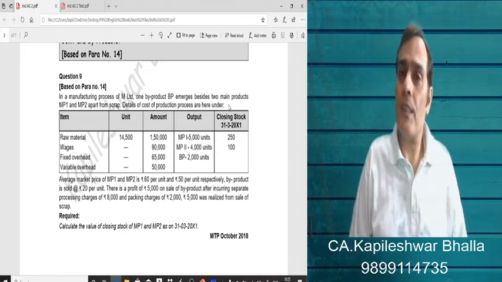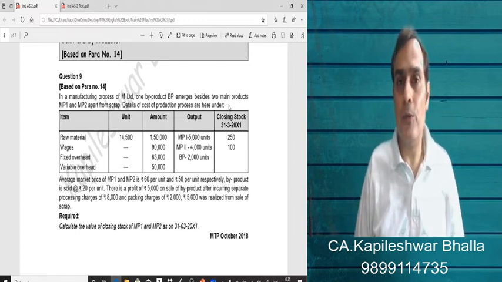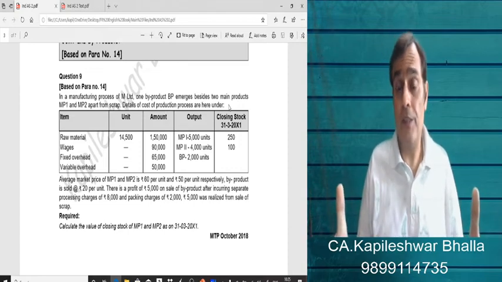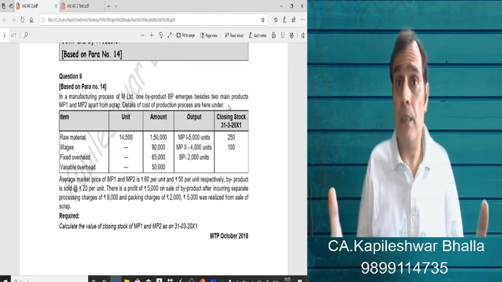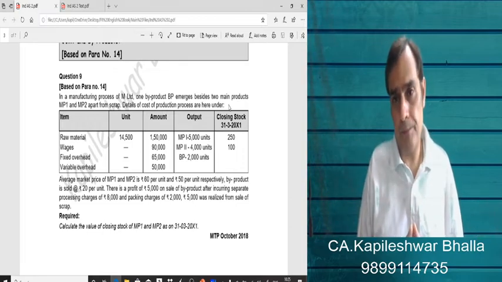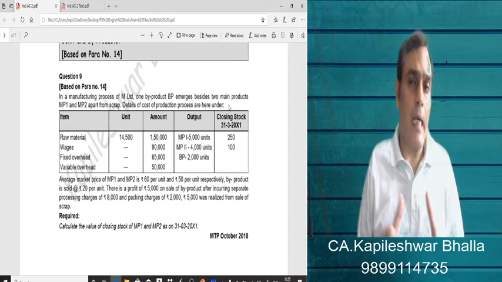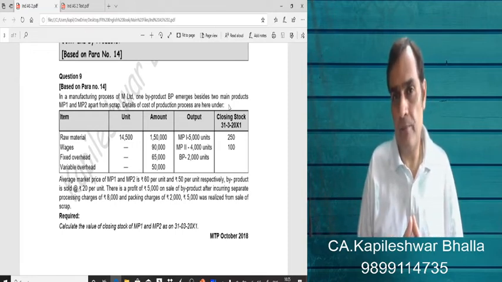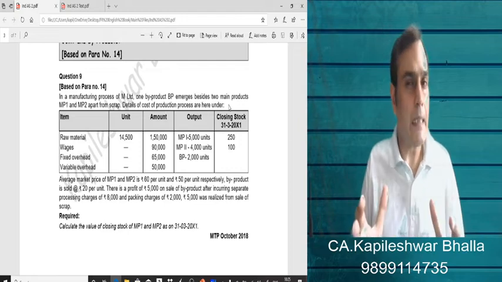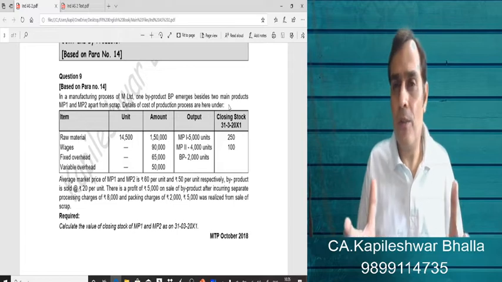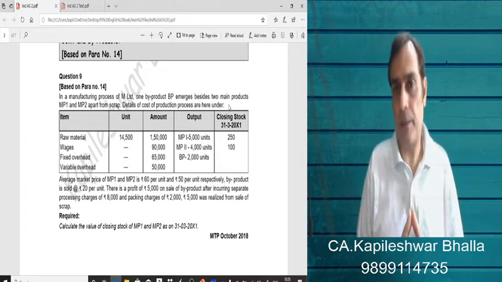Now, as you can notice, nowhere is he telling you whether the byproduct is material or immaterial in nature. I've already said that unless mentioned otherwise, I'm going to assume that it is immaterial. There is another supporting point to my viewpoint: I am not given any closing stock of the byproduct, which would be an indication that the company is not treating it as a finished product.